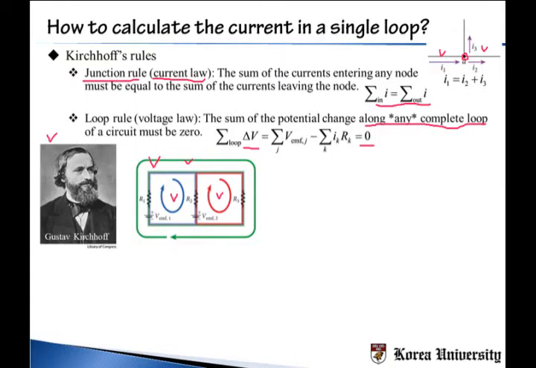During this summation, the example here shows the EMF device and resistors, and here we set up the loop to be going around clockwise. All the arrows are pointing clockwise.